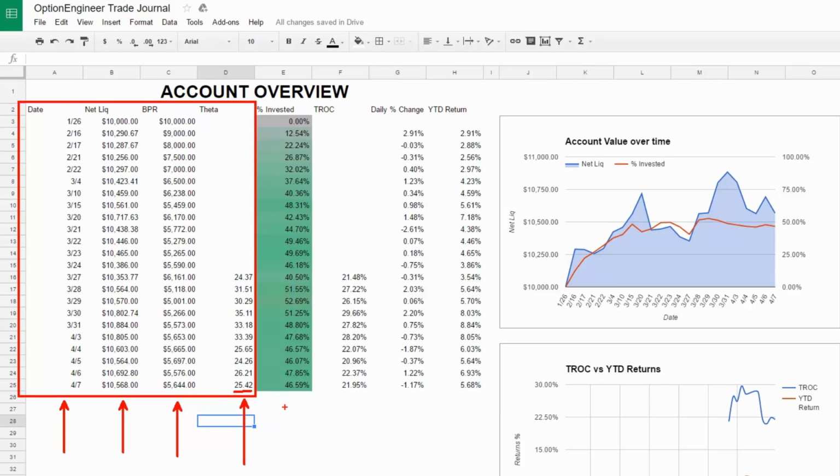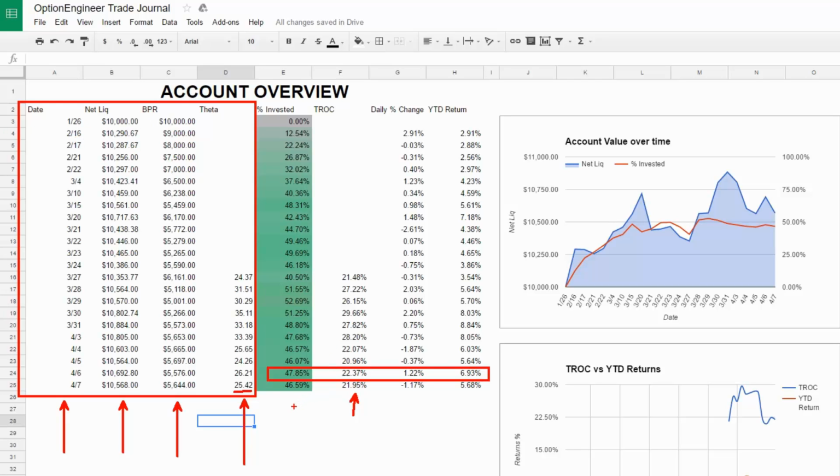Once I've entered all that in, I copy the rest of these formulas down to the next row. What that does is it calculates your percent invested, so how much of your buying power is currently used up, which is basically just your buying power reduction divided by your net liquidation value.